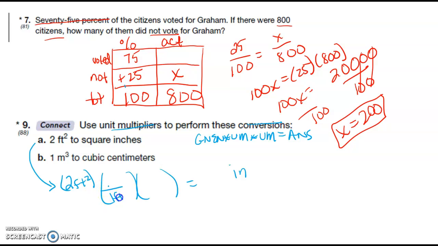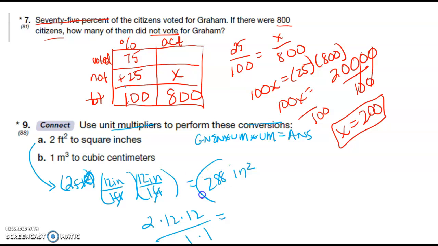So 1 foot is 12 inches. 1 foot is 12 inches. And I need 2 of these because I have 2 feet here. So foot 1, foot 2, there they go. And then I have inches squared. So the math is 2 times 12 times 12 over 1 times 1, which is 288.